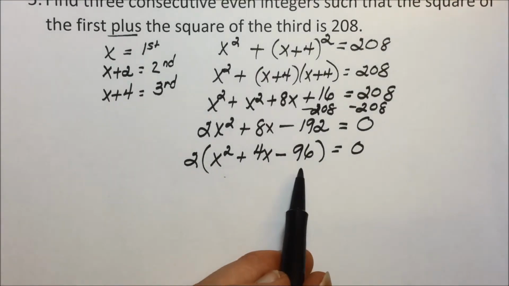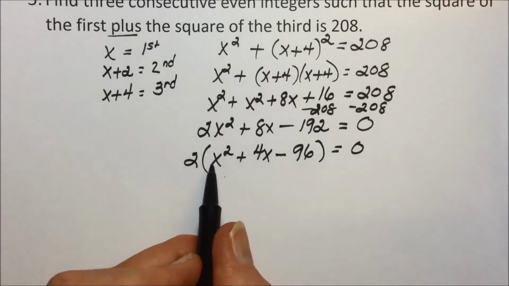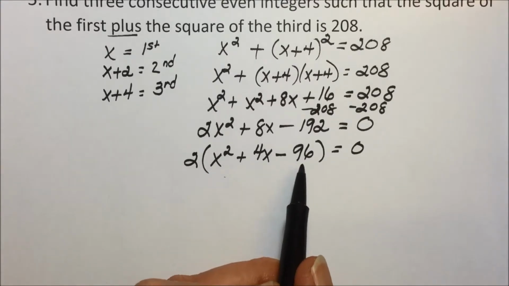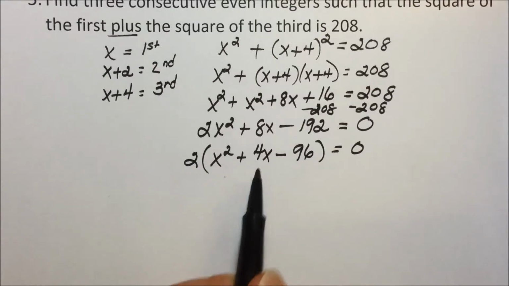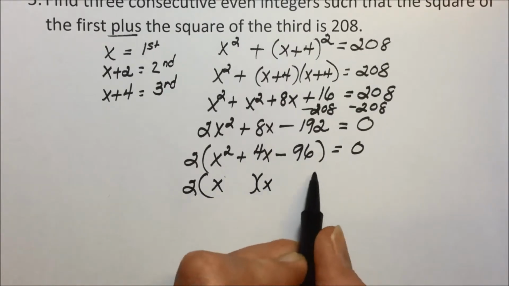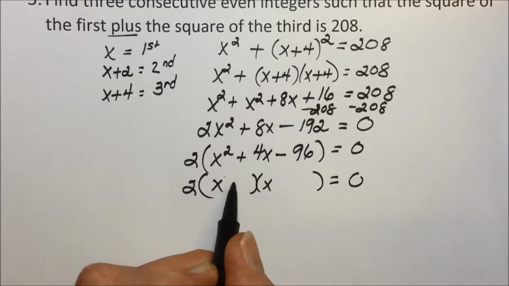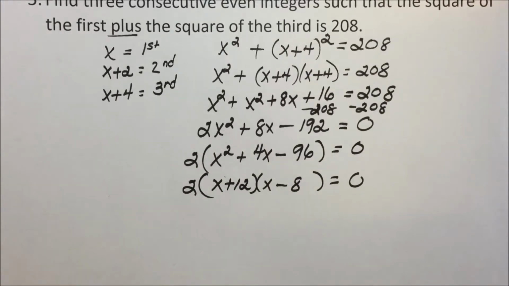Factoring the trinomial that we have here with a leading coefficient of 1, we're looking for factors of negative 96, one positive, one negative, that add up to be 4. And if you do a little checking, you should find a plus 12 and a minus 8 are the pair that work.